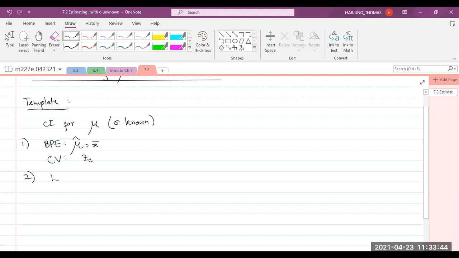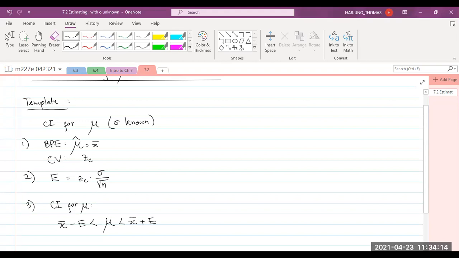Then the margin of error E is equal to the z-score, the critical value, times the population standard deviation over the square root of the sample size. The third step is the declaration of the confidence interval for mu, which is given by best point estimate minus margin of error less than mu less than best point estimate plus margin of error.